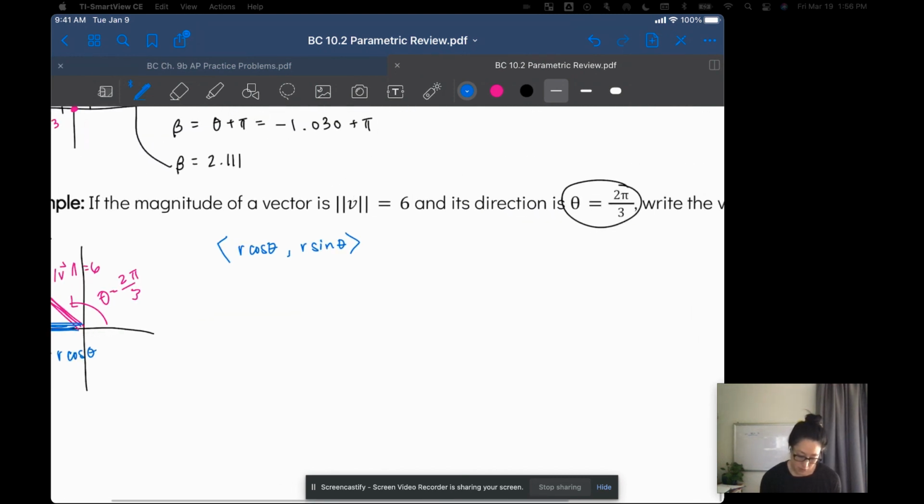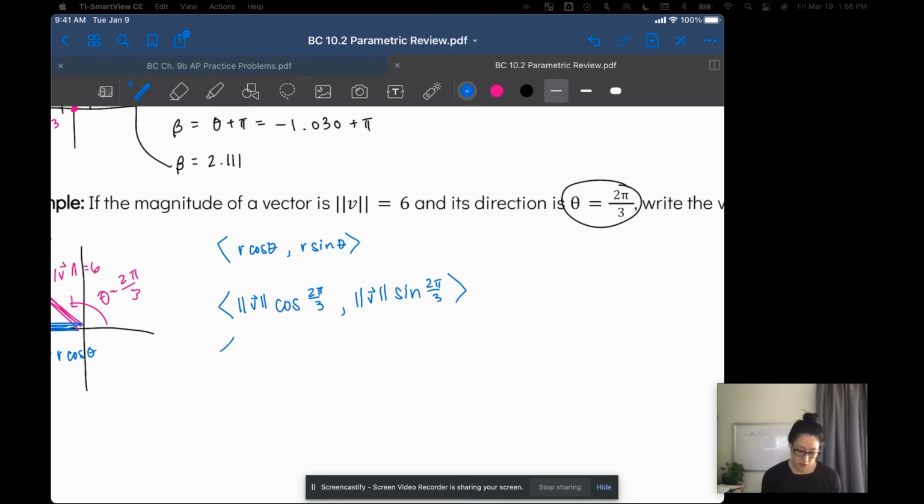I know what r is. It's the length of the vector, which we can call the magnitude, times the cosine of 2 pi over 3, and then the magnitude of v times the sine of 2 pi over 3.